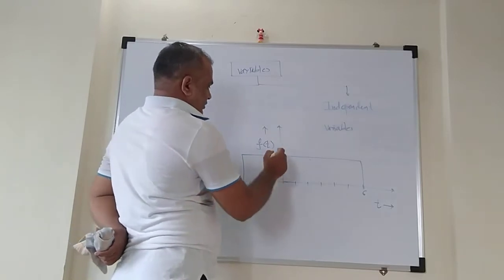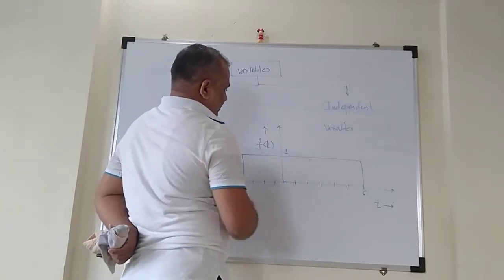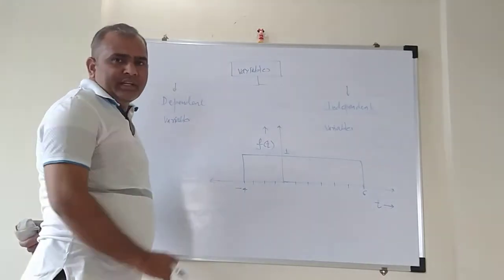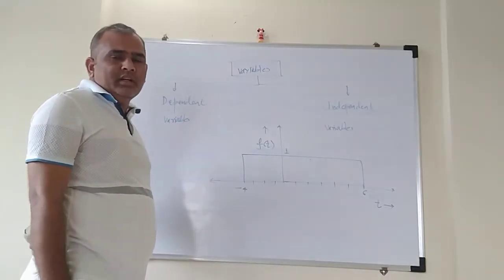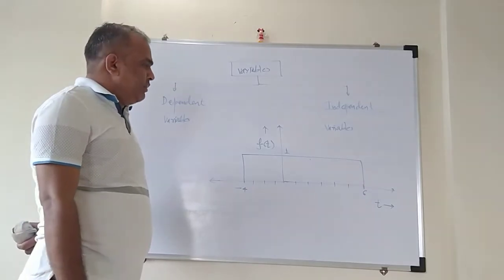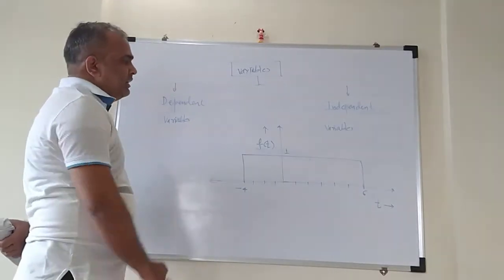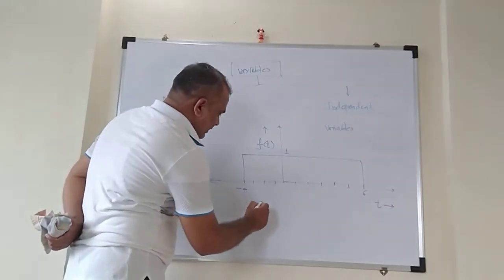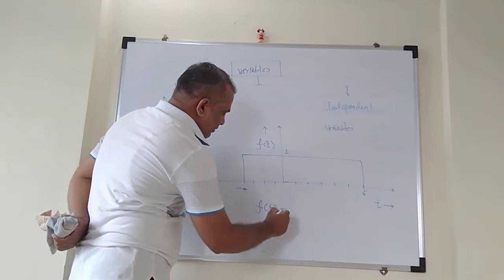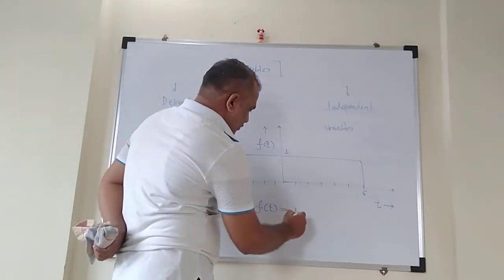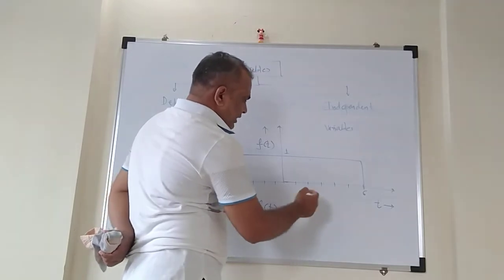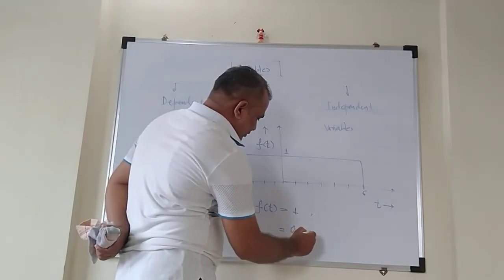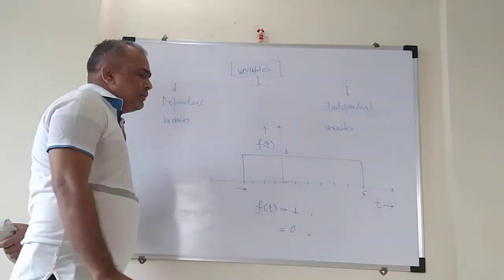Got it? So let us say this is f of t equals 1 on the y-axis. So this is a kind of a signal. This is of course a mathematical signal which we have plotted for f of t and t, but this signal gives you some information, and this information you can write in this way. The function f of t equals 1 in a particular time duration, and has a value equal to 0 in a particular time duration.